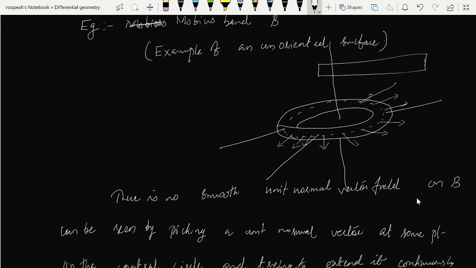So inward direction, it may come like this. But when you're coming this side, it may go like this. So in this one surface, exactly at one point I am getting two directions. So the direction is not defined. So that is the problem here.